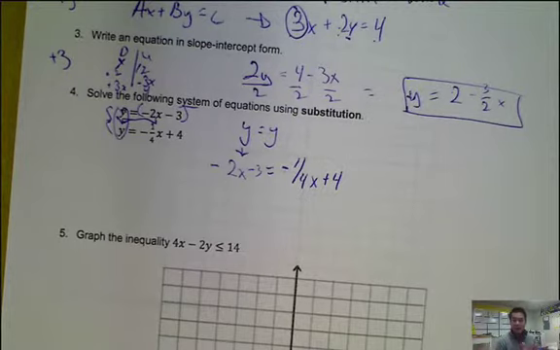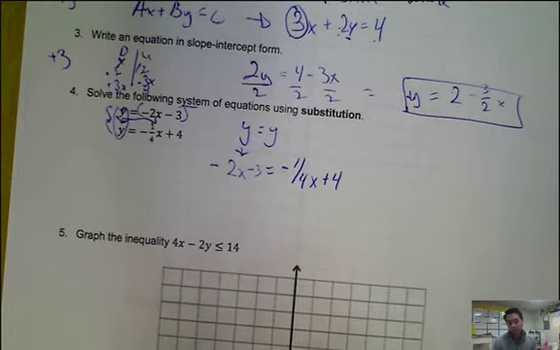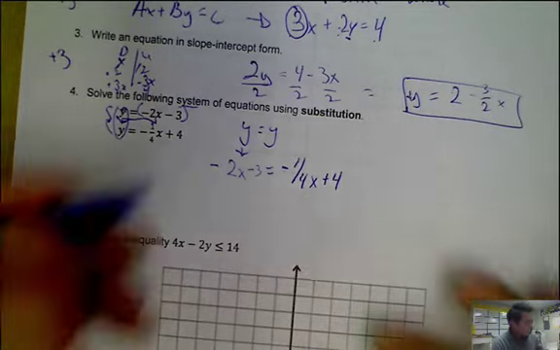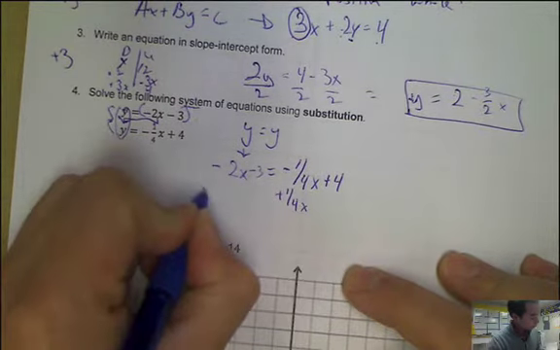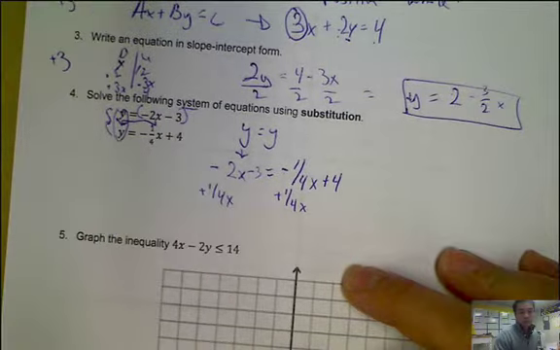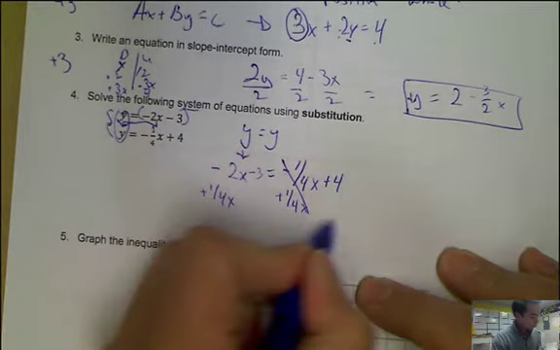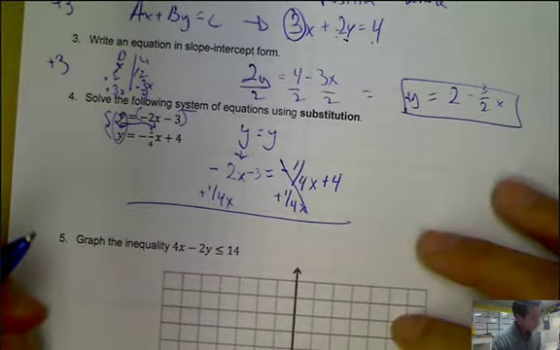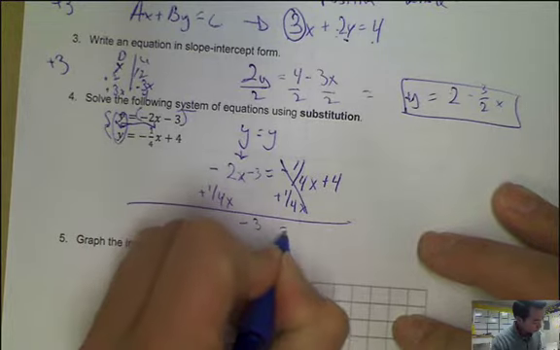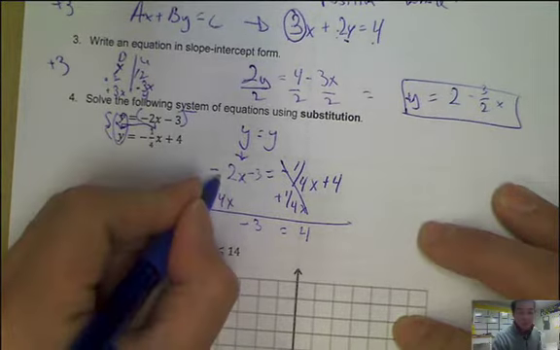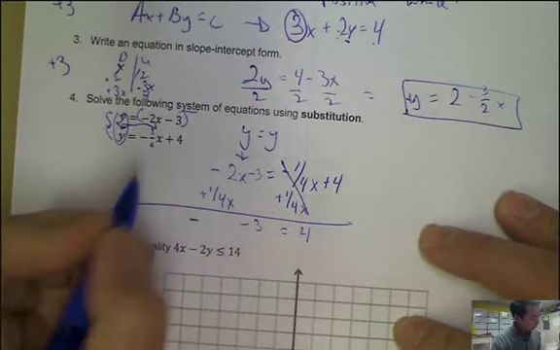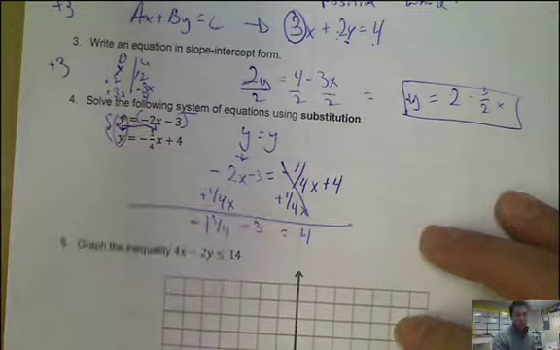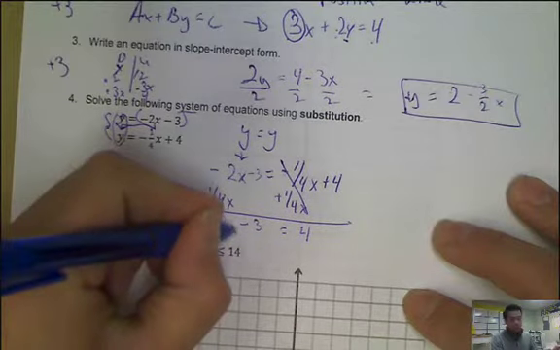So my goal is to get all my x's on one side and all my constants on the other side, and then simply do some undoing, solving, and get x by itself. So let's just jump right in. I'm going to go ahead and add 1/4 x over here. That's gone. Draw my line, drop everything down that didn't get canceled out. Here we have negative 2x plus 1/4 is going to be negative 1 3/4 x.